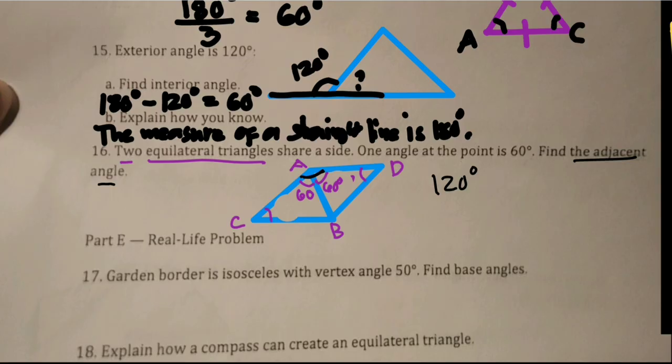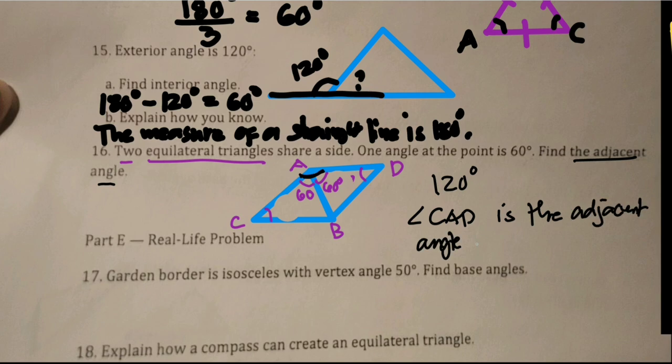Since the angles CAB and DAB open in opposite directions, the adjacent angle between the two triangles is this one. Angle CAD is the adjacent angle and is equal to 120 degrees.